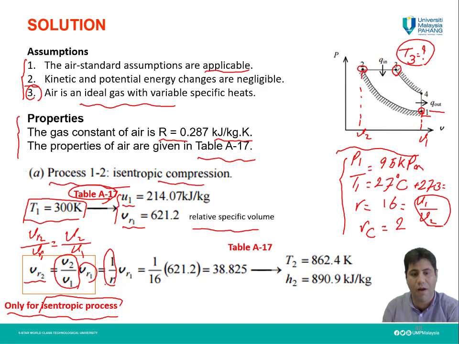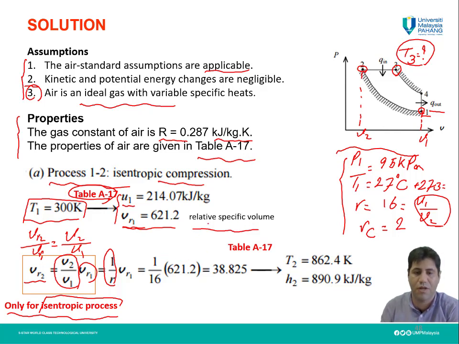So we have R, the compression ratio, and VR1 from the previous step, so we can simply find VR2: 1 divided by 16 times 621.2 as the relative specific volume.